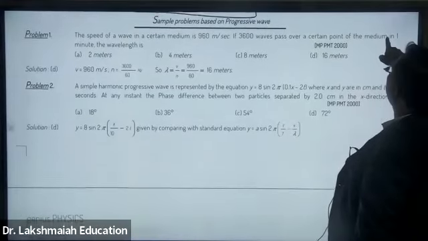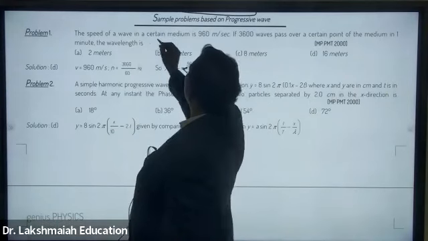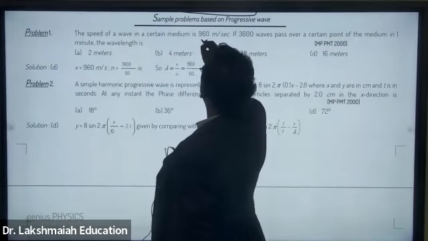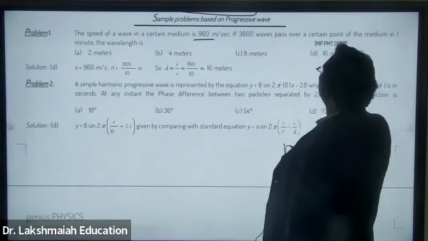Take this problem. The speed of wave in a certain medium is 960 meter per second.